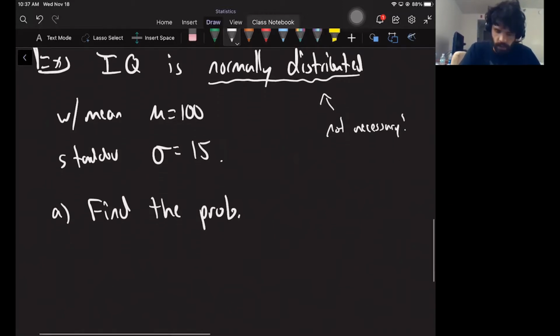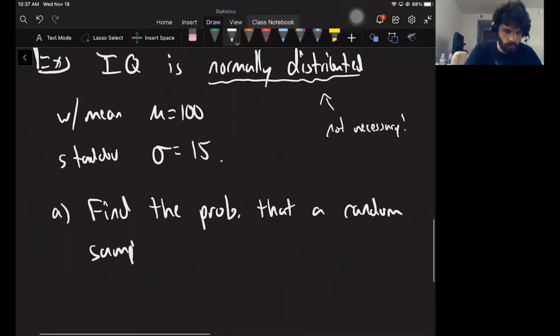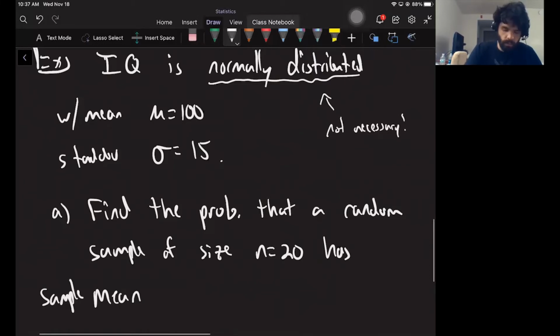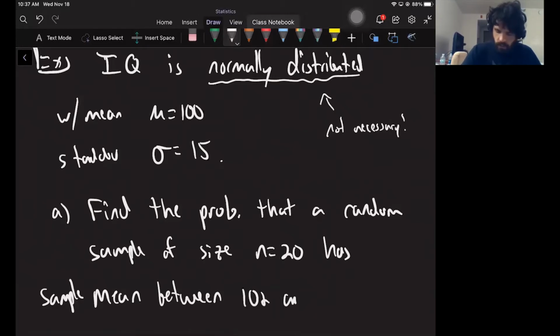Find the probability that a random sample of size, let's say 20, has sample mean between 102 and 105.